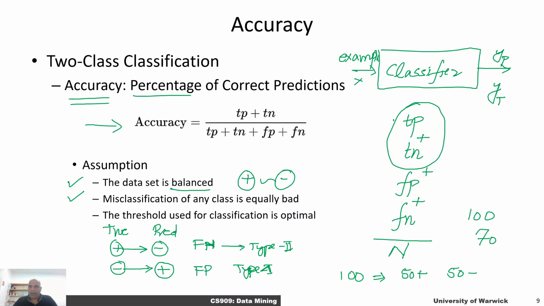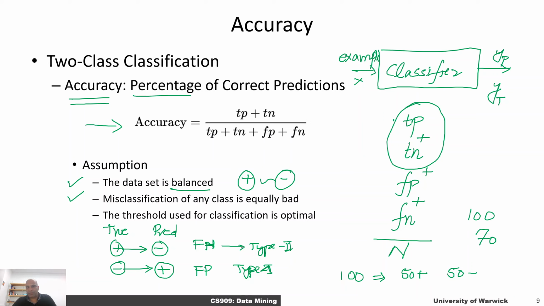Since the impact of both type 1 and type 2 errors is not large and is exactly the same, it doesn't really matter if we flip the labels. So there you can go ahead and use accuracy if the data set is also balanced.